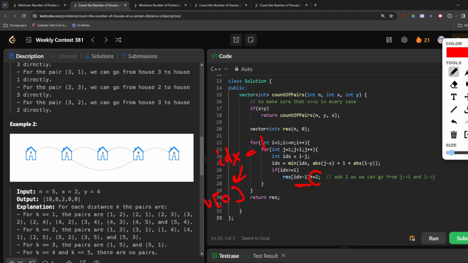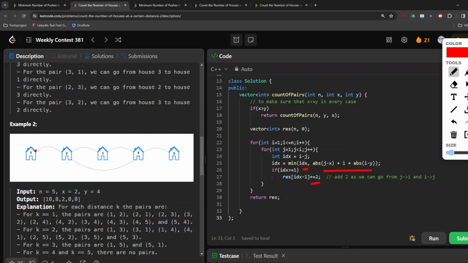And why are we adding up 2? Because it is bidirectional. From 1 to 2 we can go, and 2 to 1 we can go, so that's why we are adding 2 at that particular point. And here we are checking which is the minimum distance out of both, so that at that particular index we can store that value.